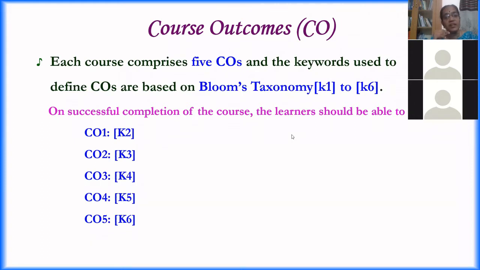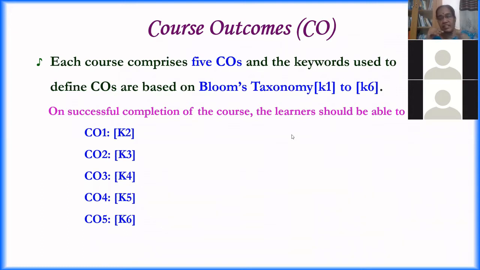It is best if you follow the order K2, K3, K4, K5, K6, not in any random order. Only after remembering can you go for understanding, only after understanding can you go for applying, and then analysis, evaluation and creation. So it is always better to follow the order of the K levels when you write the course outcomes.